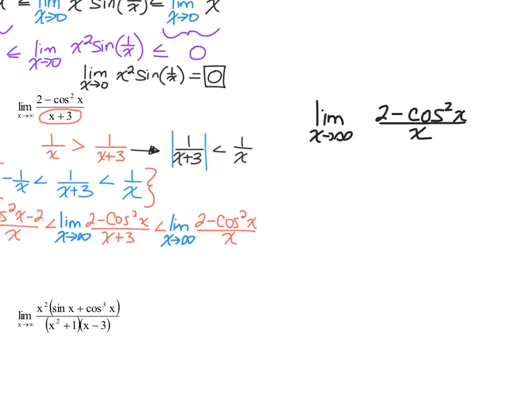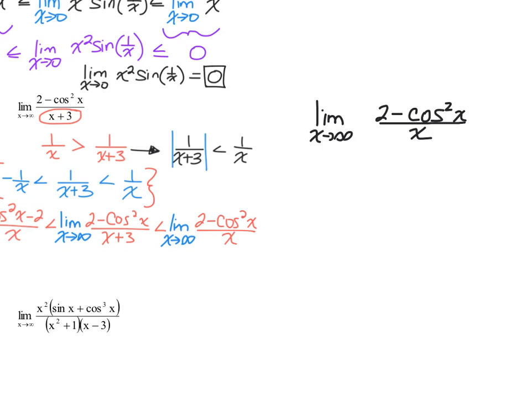Bear in mind, identities are always a thing that you could rely on. So if you wanted to try something like, making this 2 minus cosine squared x, you could think of this as 1 plus 1 minus cosine squared x.